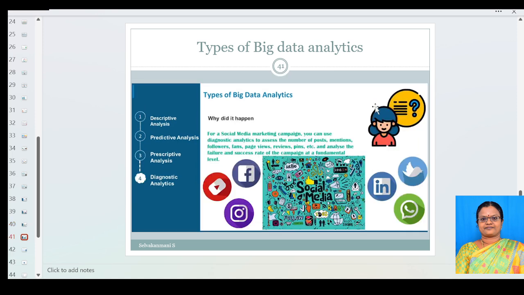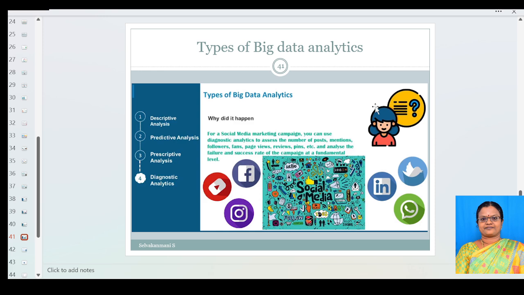The last one is diagnostic analytics. It will tell you why it happened. For example, for a social media marketing campaign, we can use diagnostic analytics to assess the number of posts, mentions, followers, fans, page views, reviews, pins, etc., and analyze the failure and success rate of the campaign at a fundamental level.